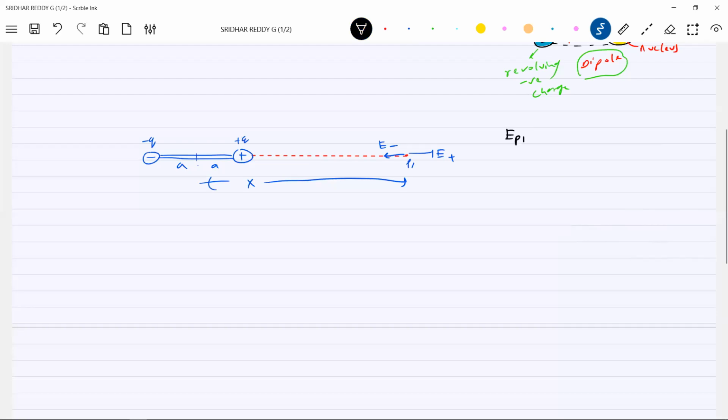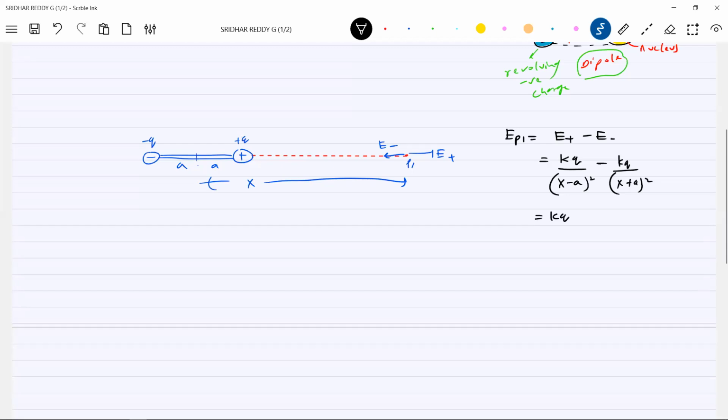Let me derive fresh. EP1 should be equal to E plus E minus. This should be equal to KQ by x minus a whole square, KQ by x plus a whole square.